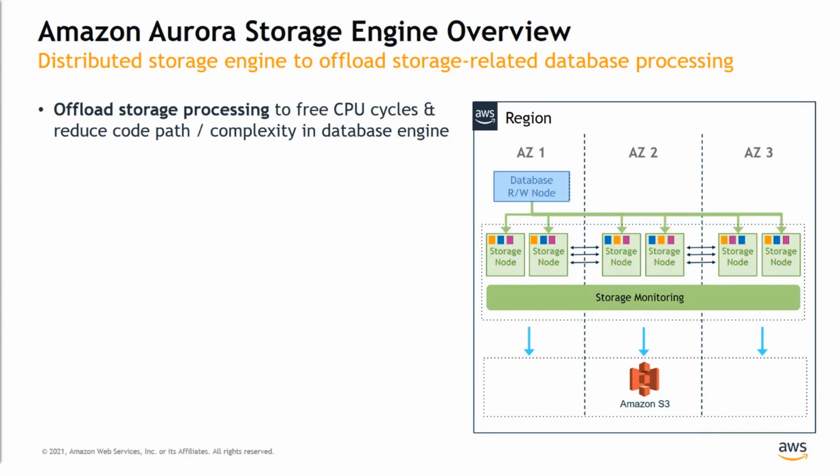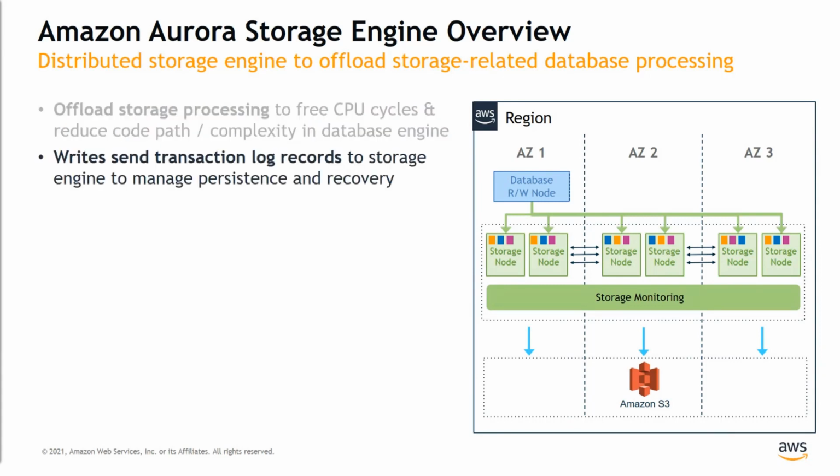What that does is it frees CPU for the database to run SQL queries, but more importantly, it reduces a lot of the code path and complexity in the database engine, and that makes it simpler and more reliable. Secondly, Aurora only sends log records to storage. That's the only way in which changes are sent. We don't have to worry about full pages and buffers in terms of writing data to the database.